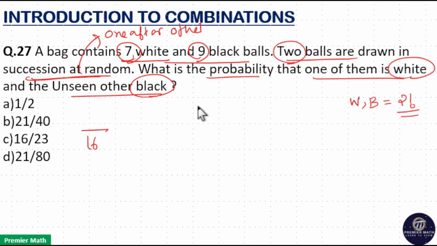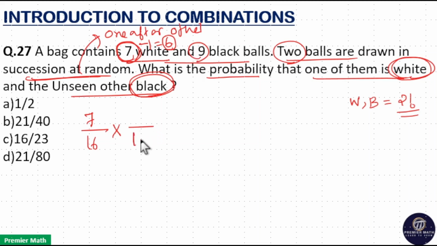Now, when you pick the 1 ball, it must be white. So, to get a white ball, you should select it from the 7 white balls. So, 7C1 means 7 is the favorable outcome. Now, the second event is getting a black ball. Now, after you pick the white, remaining whites are 7 minus 1, 6 white. So, total number of balls available are 6 plus 9, 15.